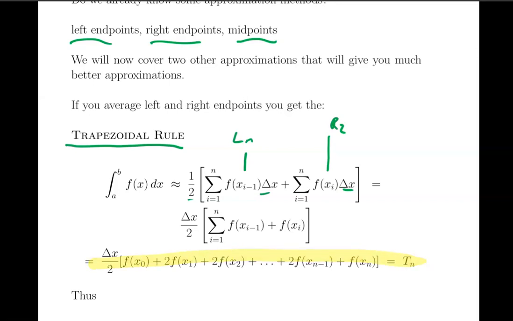There's one f(x0) that's contributed by the left endpoint. Now f(x1) is in both, f(x2) is in both, f(x3) isn't. That's why all the 2's are there. And then f(xn), the last one, is only contributed by the right. So that's the reason for the 1, a bunch of 2's in the middle, and a 1. Again, Tn, T for trapezoidal.